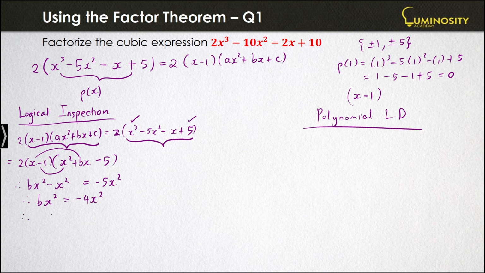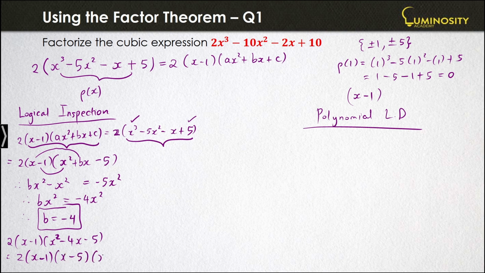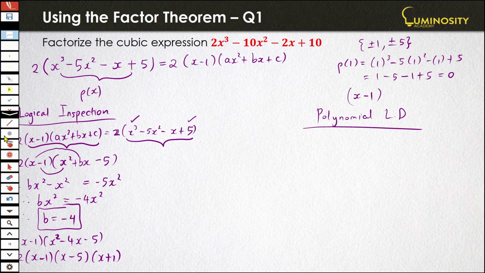Dividing both sides by x squared, I get b equals negative 4. So this becomes 2 times x minus 1 times x squared minus 4x minus 5. But that quadratic expression can be further factorized. We can break it up as x minus 5 times x plus 1. So there's the full factorization using logical inspection.